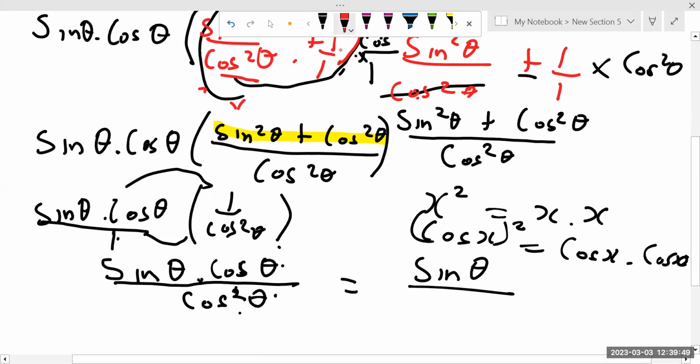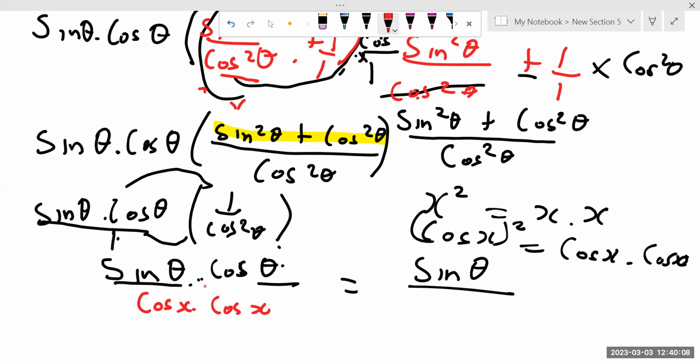Instead of writing it as cos square of theta, we can represent cos square of theta as cos theta multiplied by cos theta, all over 1 over cos theta. Then we have cos theta in the numerator and cos theta on the denominator. If this cos theta and this cos theta divide each other, what are we going to be left with?